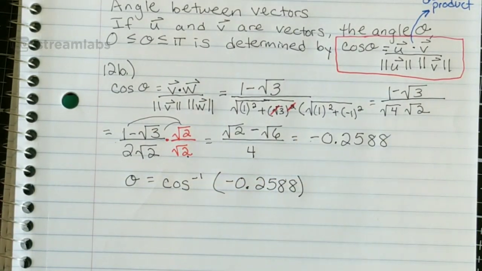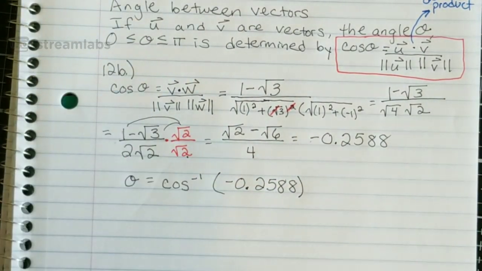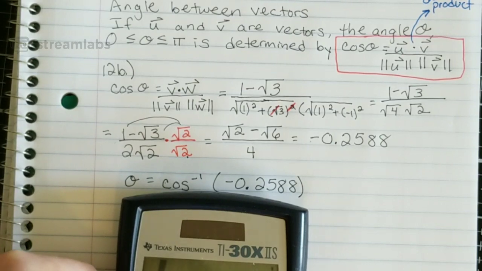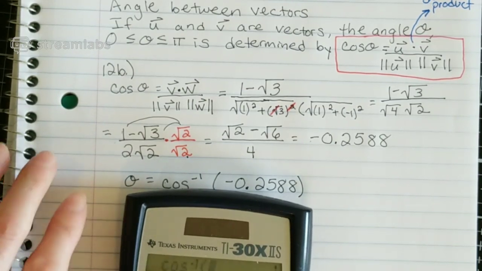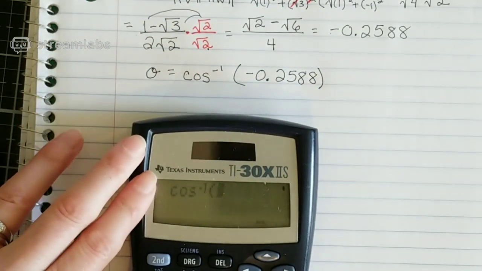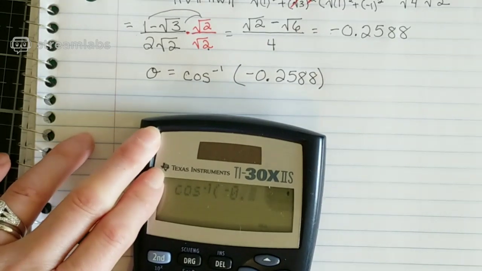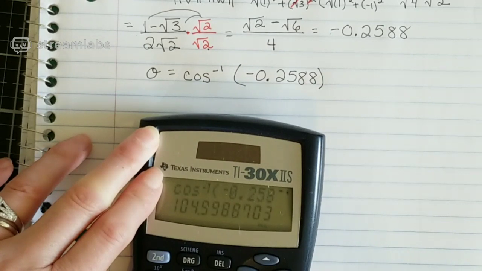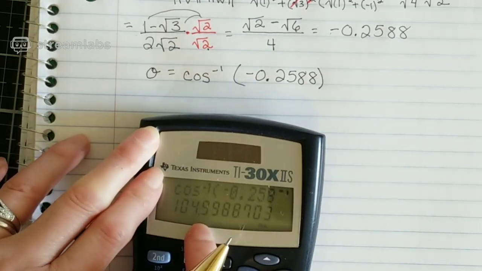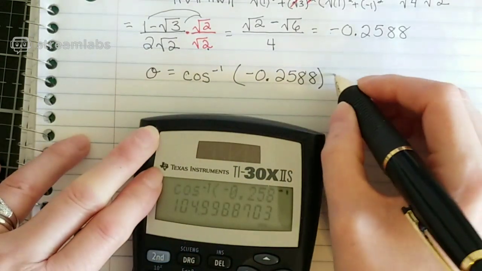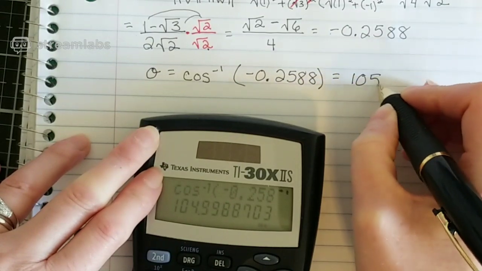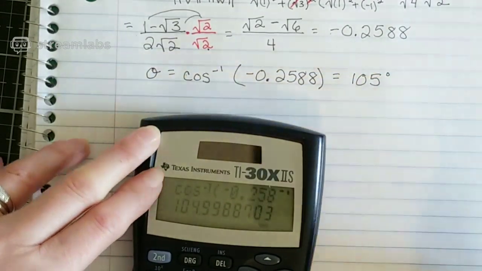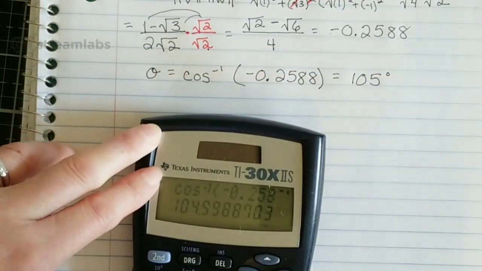And I believe the calculator needs to be in degrees. Second cos inverse, -0.2588. And that gives us, if I round that, about 105 degrees. So that would be your answer for B.